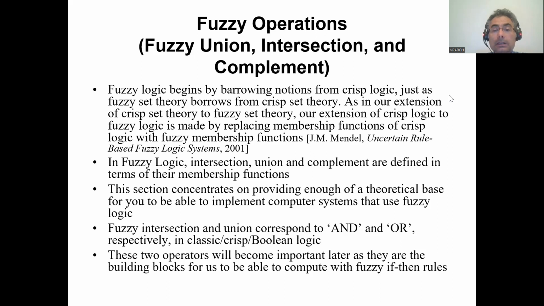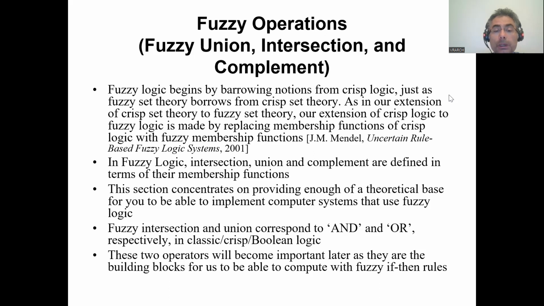In fuzzy logic, intersection, union, and complement are defined in terms of their membership functions along with, of course, membership values. This section of the lecture concentrates on providing enough of the theoretical base for us to be able to implement computer systems that use fuzzy logic. Fuzzy intersection and union correspond to AND and OR operations in classic logic respectively.